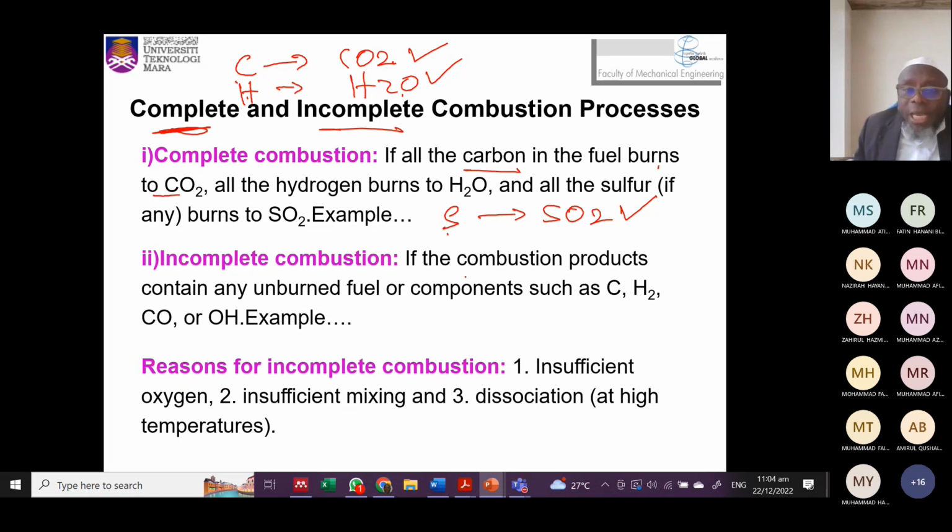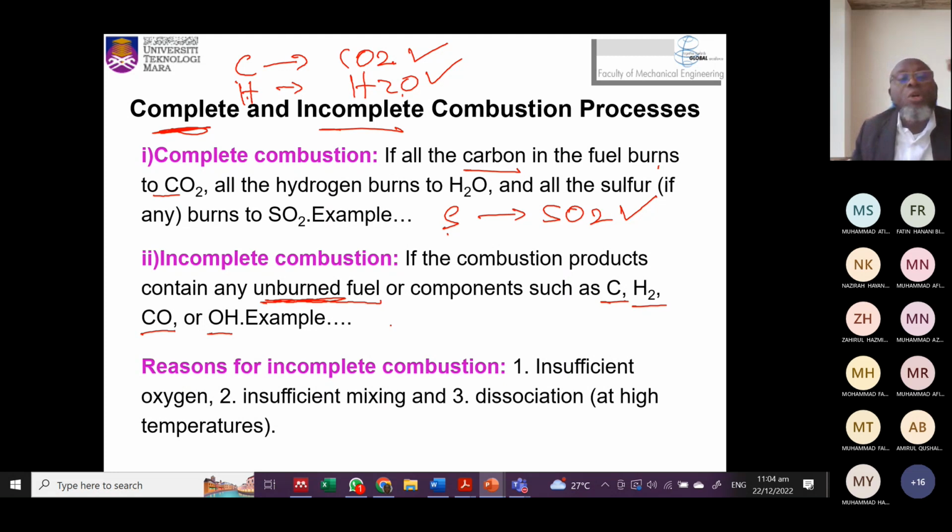Incomplete combustion occurs if the combustion product contains any unburnt fuel, so underline the word unburnt, or components such as carbon, hydrogen, carbon monoxide, hydrogen peroxide.